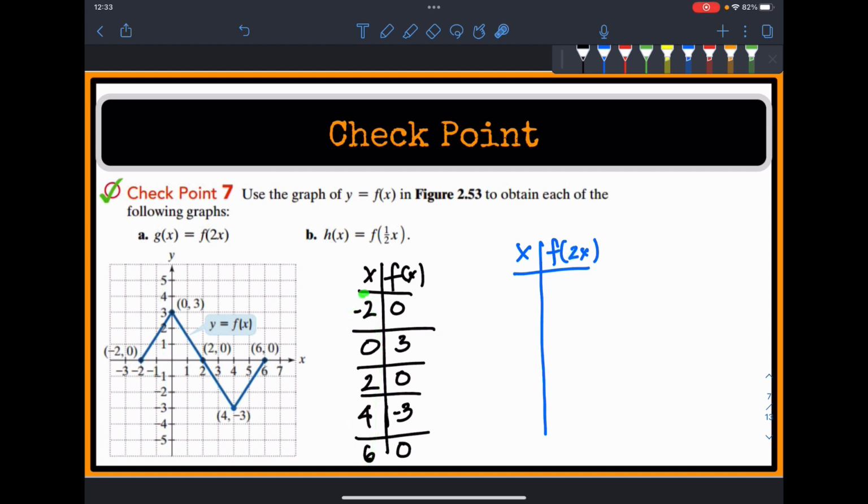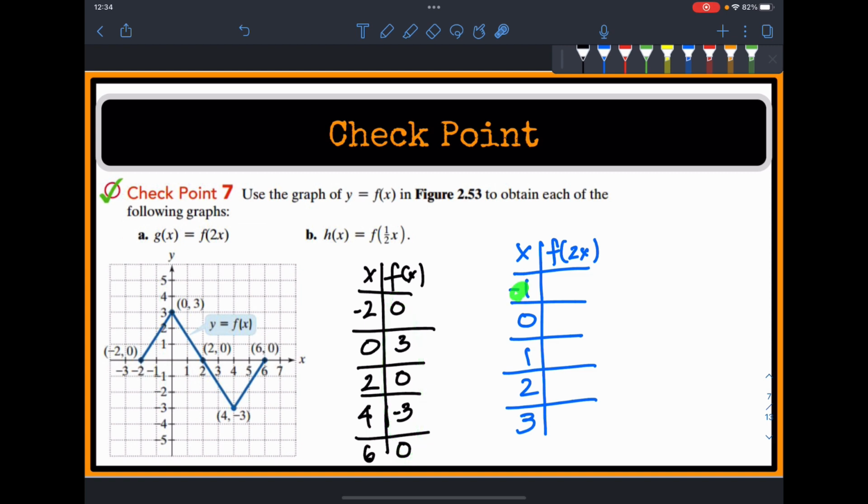So if I divide all of these numbers by 2, look what our output values are going to be. They're going to be the same.